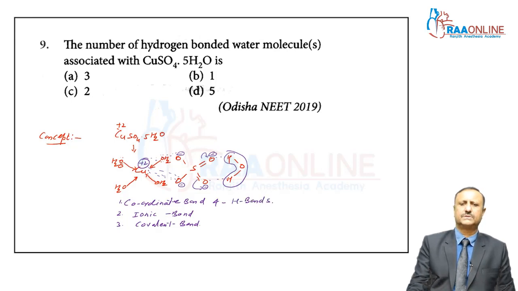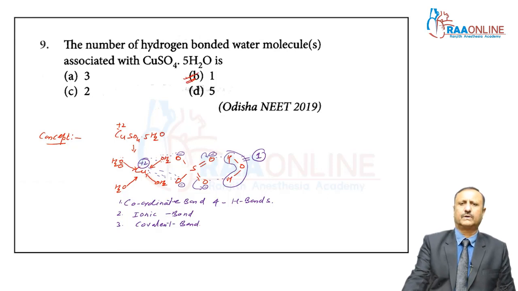These are present in this CuSO4·5H2O molecule. Now the question is how many hydrogen bonded water molecules are present. So only 1 water molecule is attached with this whole molecule. So go to answer B, only 1 water molecule.